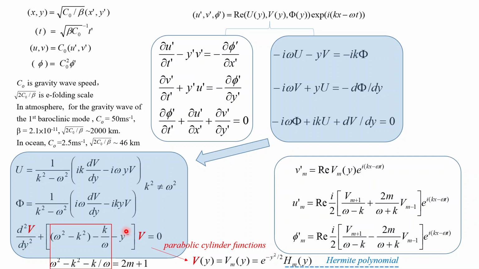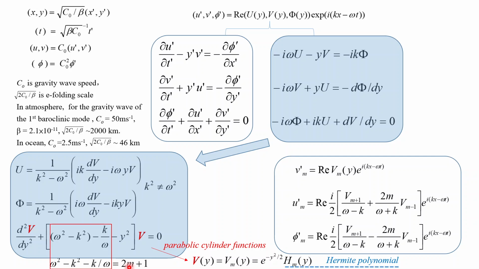Okay, so this differential equation happens to be a very famous and well-known equation in quantum mechanics. So we know that the solution of this differential equation is a spatial function called the parabolic cylinder function. And for this particular differential equation, this omega squared minus k squared minus k over omega cannot be an arbitrary number.